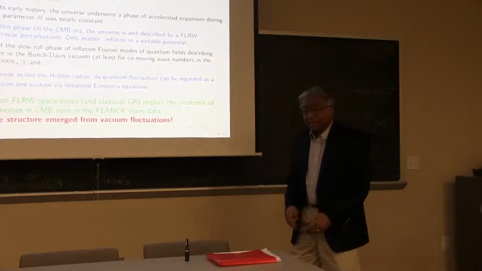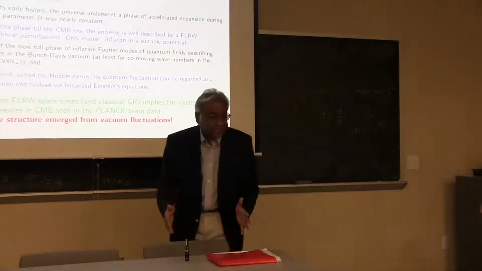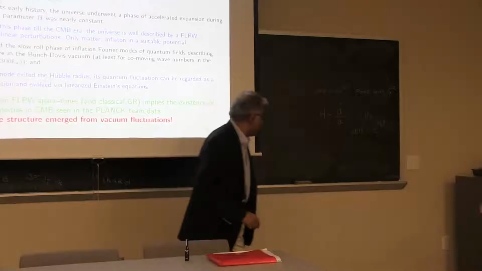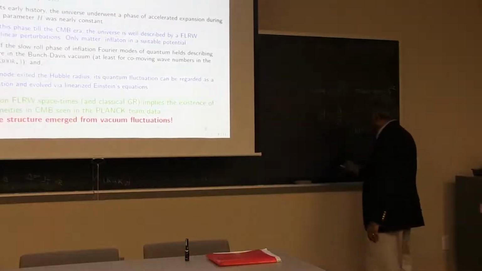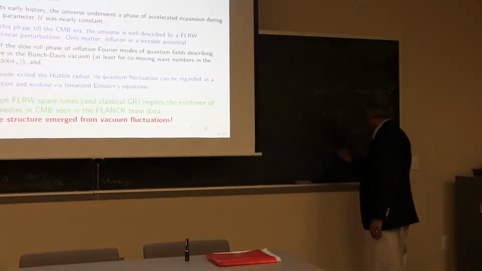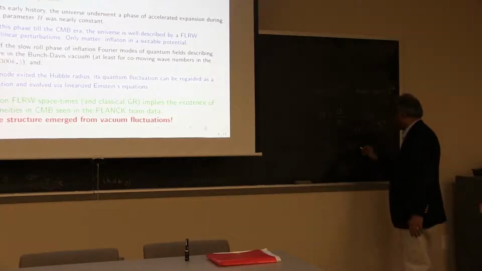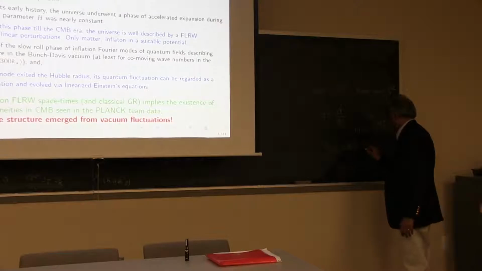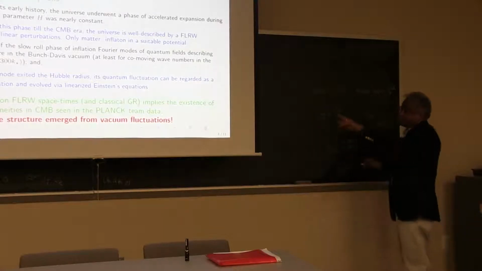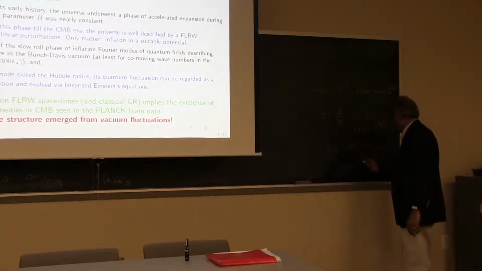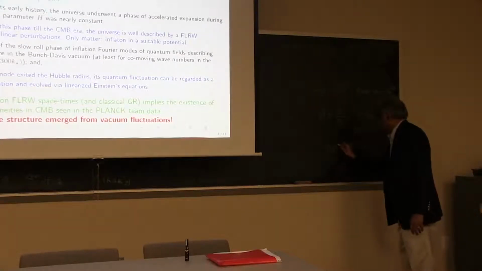Now, the statement is that as the universe expands, then we know that the physical wavelength goes like a(t) times lambda naught, the co-moving wavelength. Or if you like, lambda physical at time t upon lambda physical at time t naught is equal to a(t) upon a(t naught).